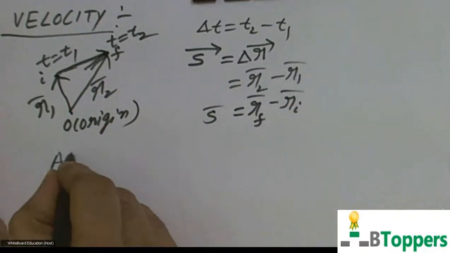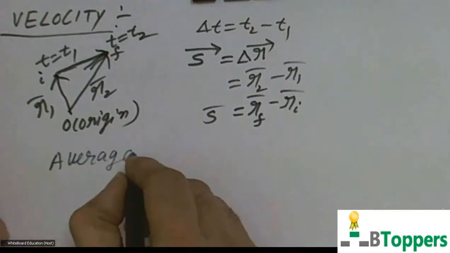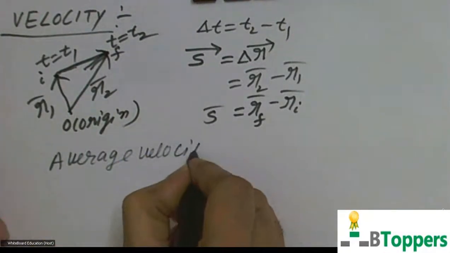Therefore, average velocity vector of the particle.